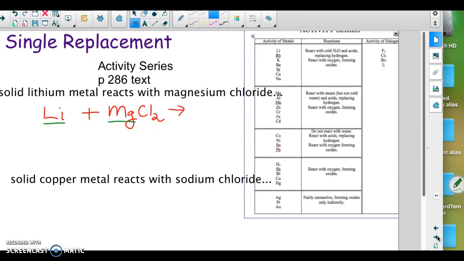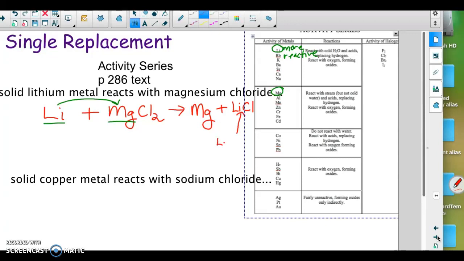And what I want to do is find them. Here's lithium, here's magnesium. Because lithium is higher, it's more reactive. So this can happen. The lithium will go in, the magnesium will come out. So magnesium will now be alone, and the lithium will be with the chloride.